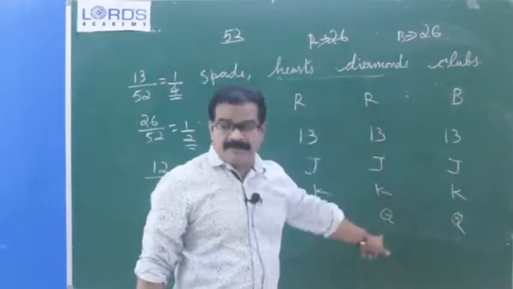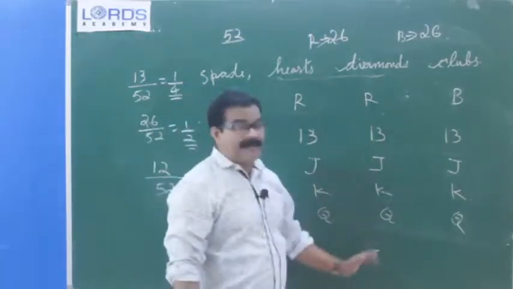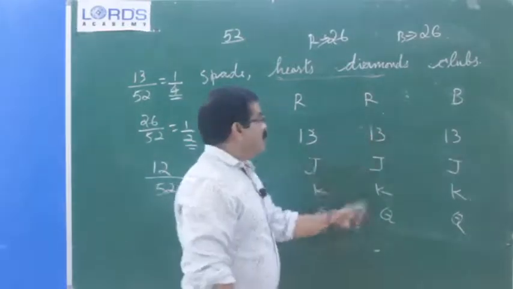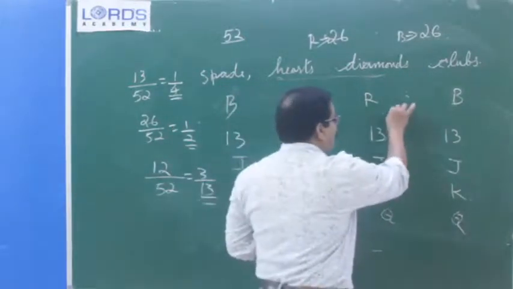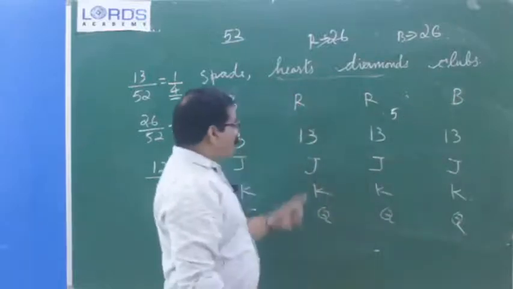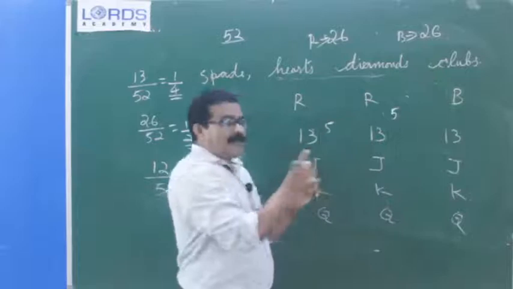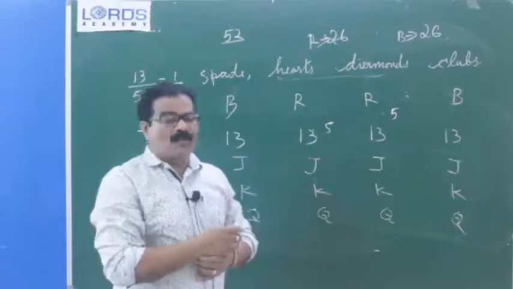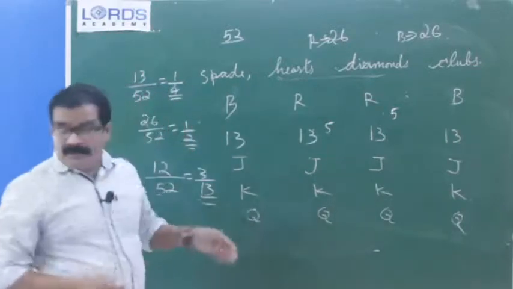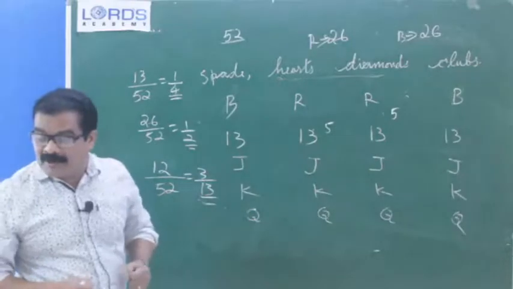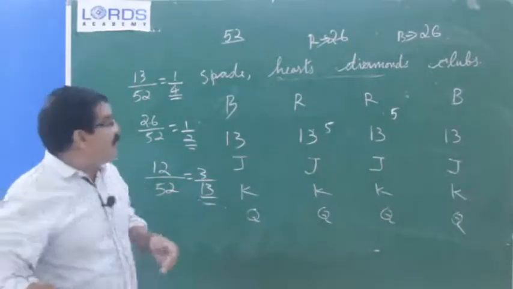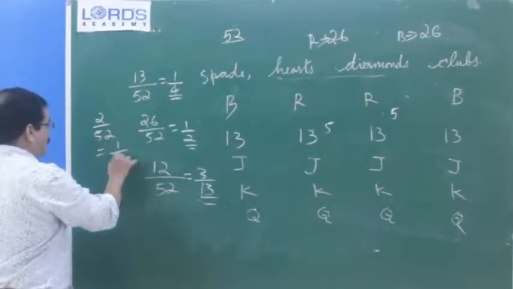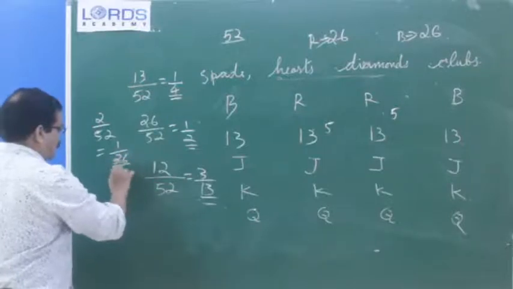Then how many 5s are there in diamonds? You can see one 5. In hearts also you can find one 5. Then total number of favorable cases is 1 plus 1, 2. So the probability of getting 5 of heart or diamond is 2 by 52, which is equal to 1 by 26.